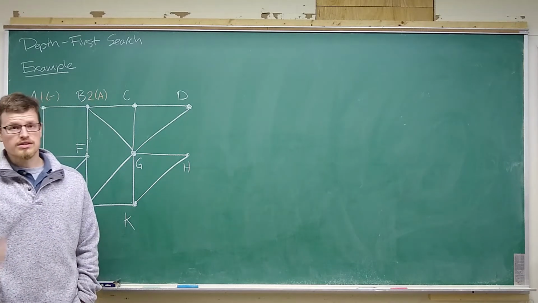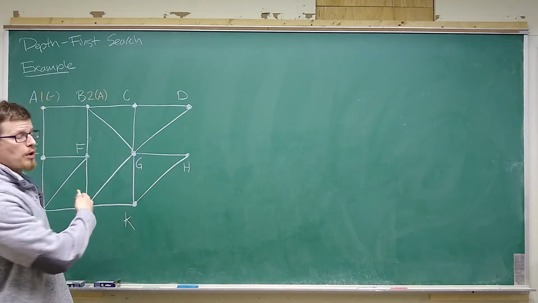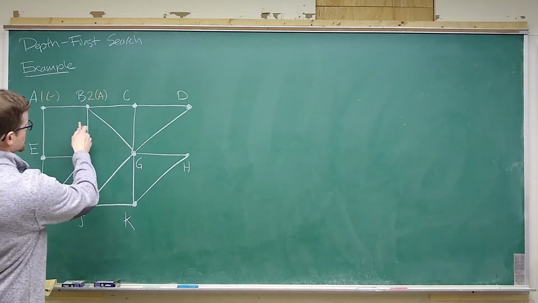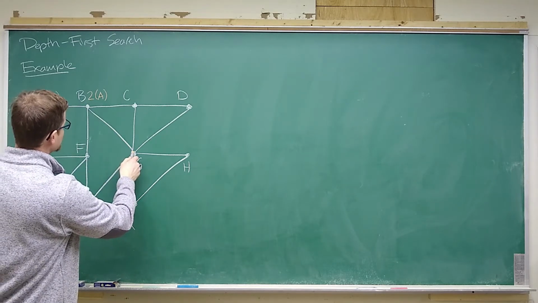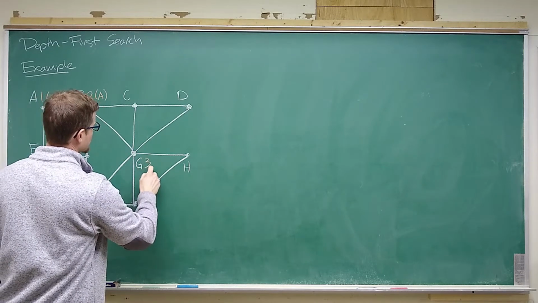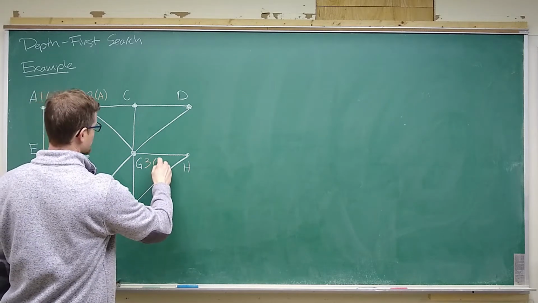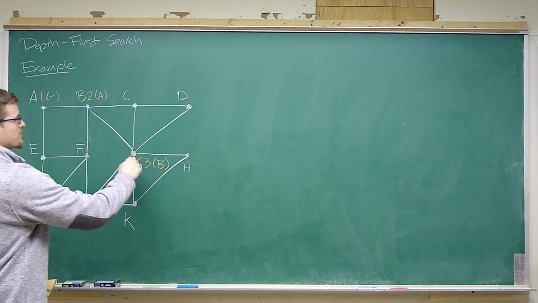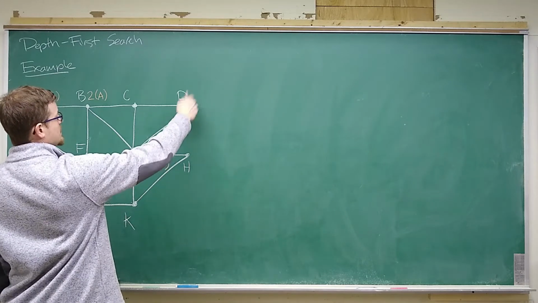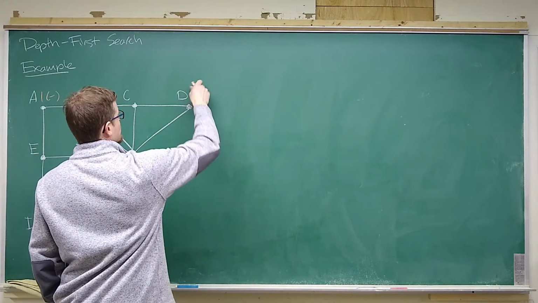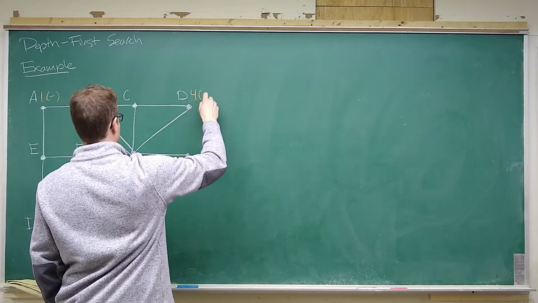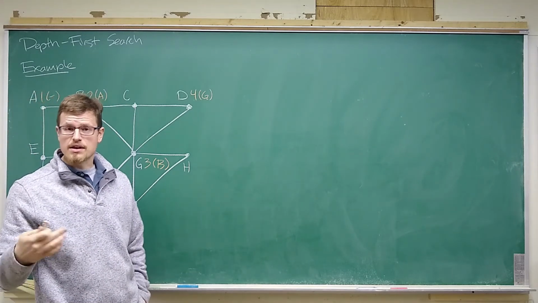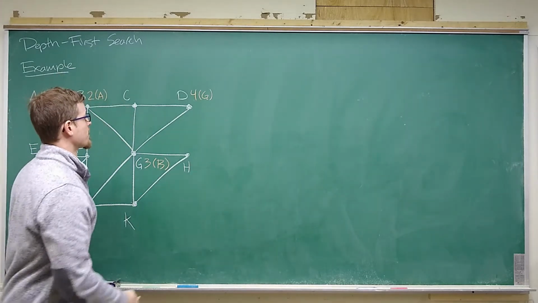And all that I'm doing here is I'm just moving along, arbitrarily choosing an edge to follow. So let's see here. Next, I'm going to travel along this edge down to G. So I'm going to label G with 3, and it has predecessor B. All right, now I'm going to travel, let's say, up to D, and I'll label this with 4, having predecessor G. Again, I'm just choosing arbitrarily an edge to travel along to another vertex.